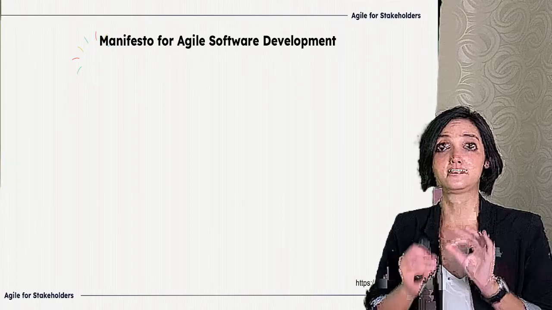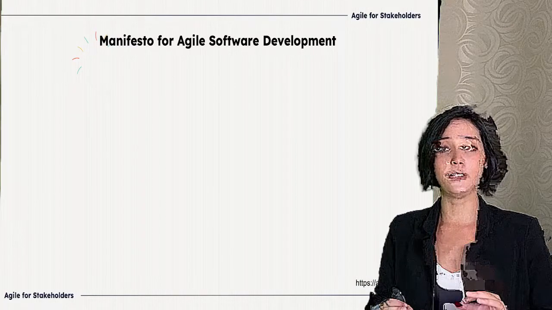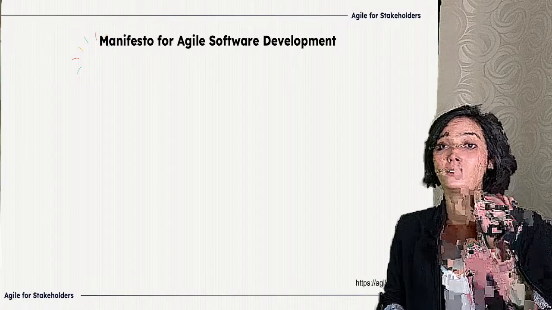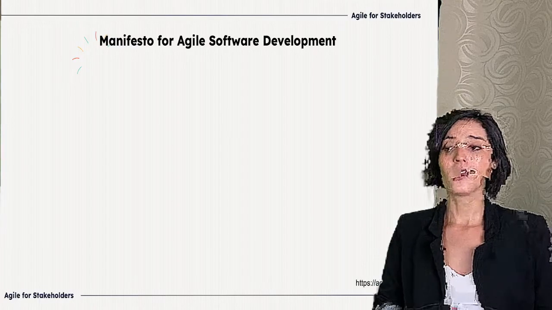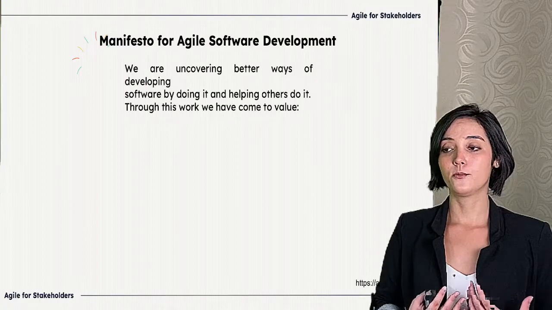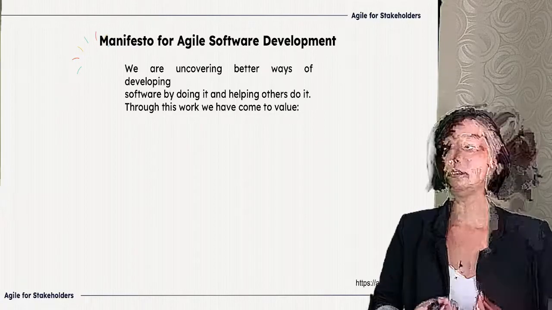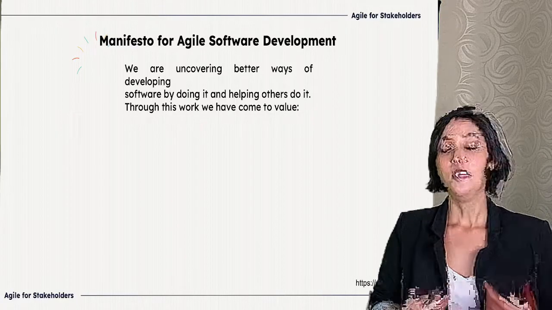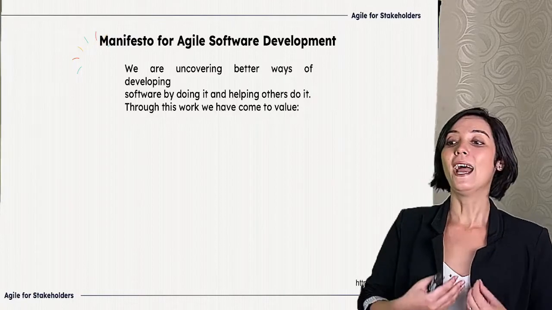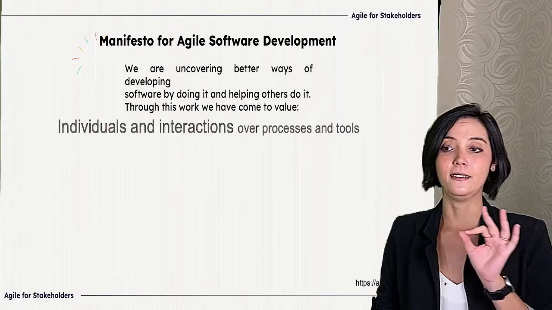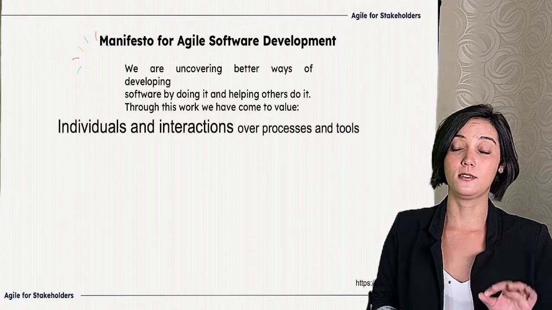It's a one-page document, but it's highly important for the agile culture. So they start with this statement. We are uncovering better ways of developing software by doing it and helping others to do it. Throughout this work, we have come to value individuals and interactions over processes and tools.